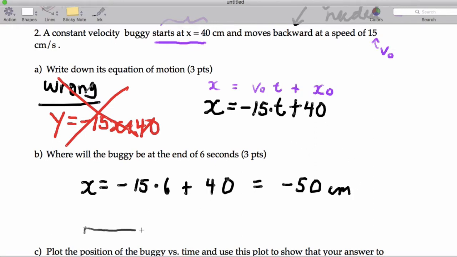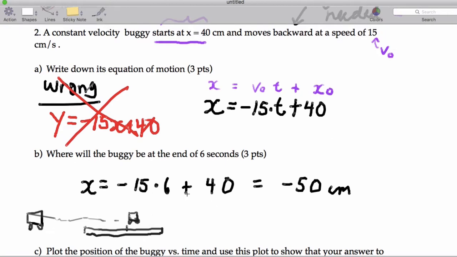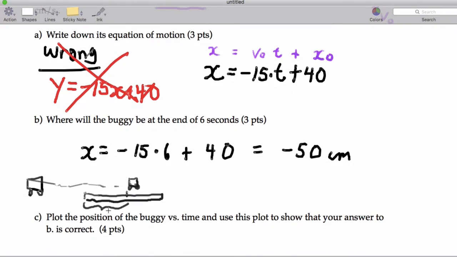So if I were to draw this, what we'd basically say is if this is the 40 centimeter mark right here, the buggy ends up somewhere here behind the ruler, okay? So this distance here would be 40 centimeters, and this distance here would be 50 behind the ruler. You don't need to draw this on your test.